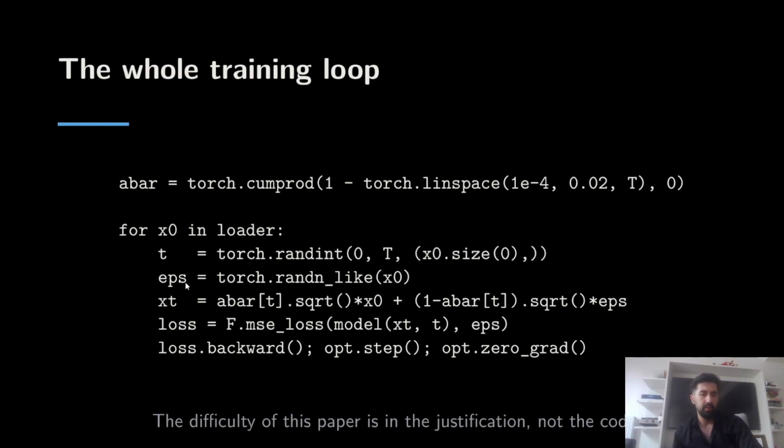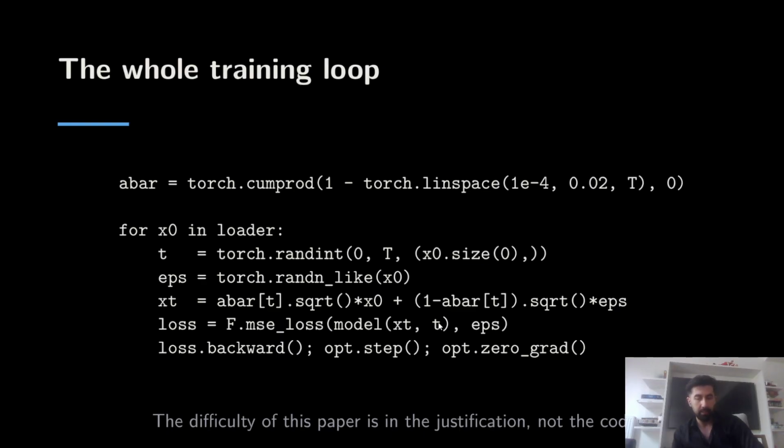We get t, we get epsilon, we get xt, and xt is basically we make the network guess how much epsilon is, and we do a loss function.